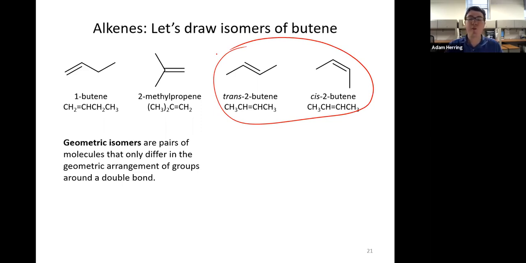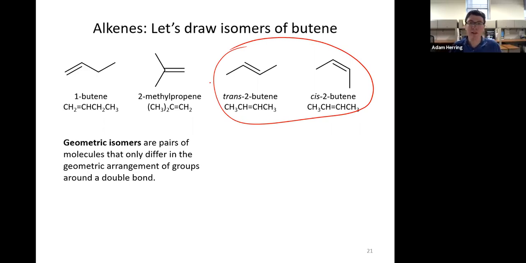These are called geometric isomers. And geometric isomers are molecules that have the same arrangement of the atoms in terms of what element is bound to what element, but they have different arrangements in space.